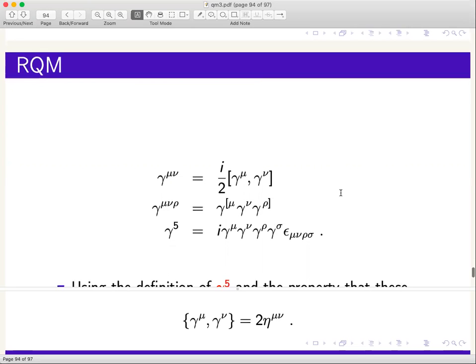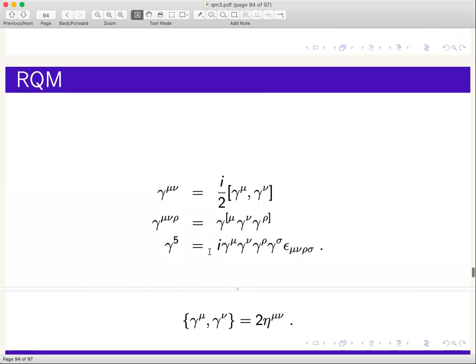Fine. Now remember that we have written down gamma mu nu rho. If you have a quantity which is a third rank antisymmetric tensor in 4 dimensions, there is one thing that you can do with it. You take gamma mu nu rho and multiply it by epsilon mu nu rho sigma, and use the Einstein summation convention.